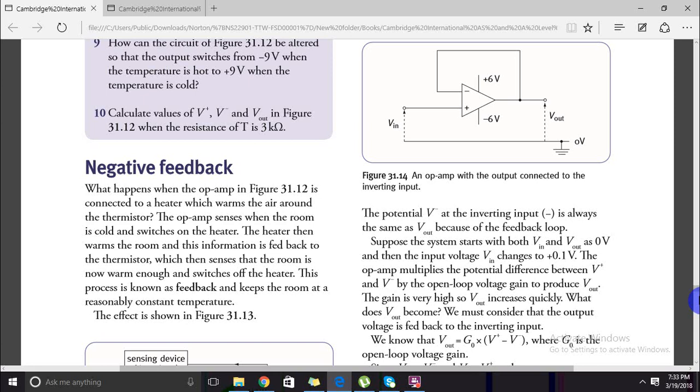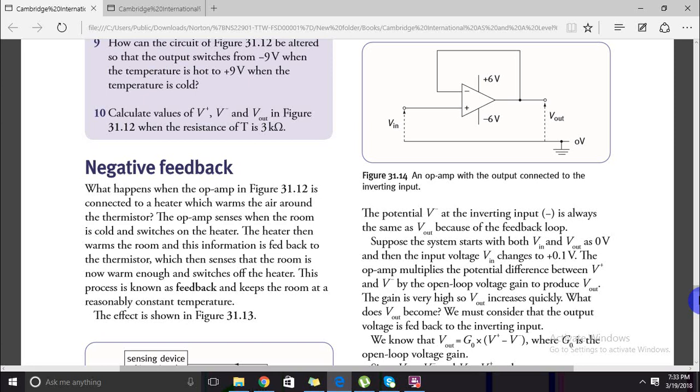The op-amp multiplies the potential difference between V plus and V minus by the open loop voltage gain to produce Vout. So interesting, right? The difference will be 0.1 and it's going to be multiplied by G naught.